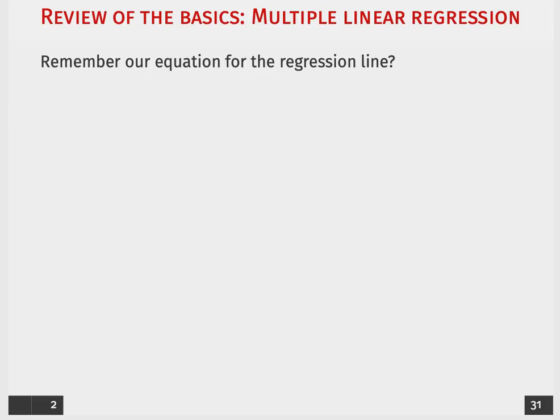So if you remember our equation for the regression line in our original notation that we used in the bivariate instance, we can index each of our outcomes for each observation by yi.